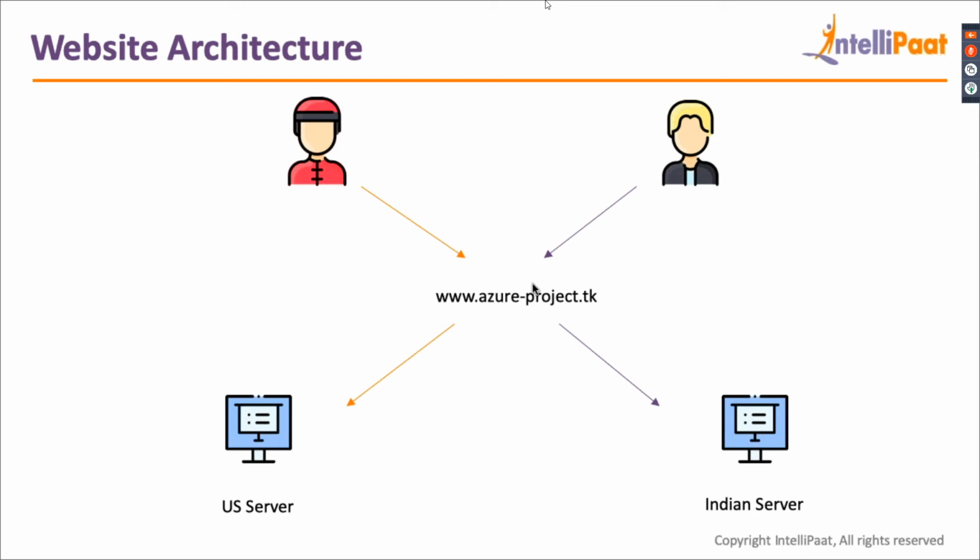Now the catch over here is anyone who's trying to access it from the US should be able to access my US website, and anybody who is trying to access it from India should be able to see our Indian website. Now this is something that we are going to architect using a lot of components on Azure. So let's see how we can do this.